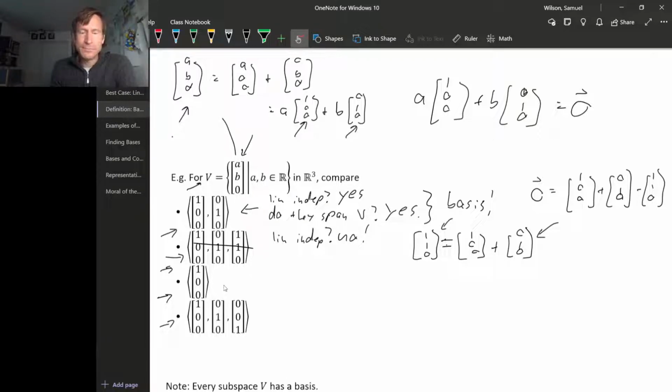All right, what about this collection of vectors? Well, first we need to ask, are these linearly independent? Any singleton collection that isn't the 0 vector will be linearly independent. So yes, this is linearly independent. So does it span V?